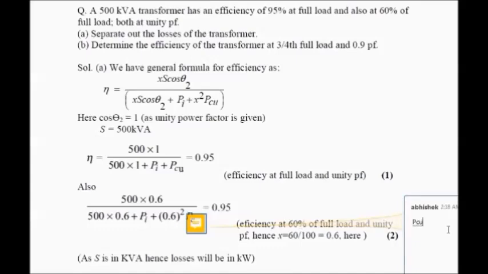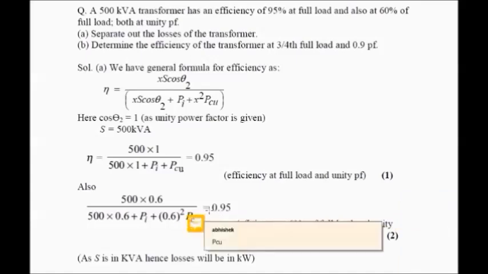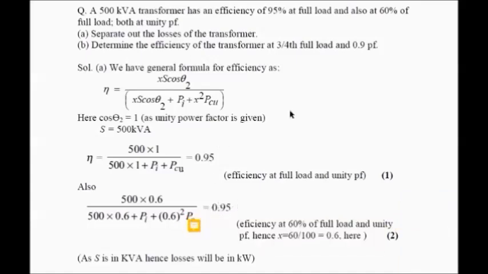PCU, and this is also 0.95. So 95% means 0.95 actually. If you multiply this quantity by 100, then it will be in percentage, but if it is not multiplied by 100, it is in fraction. So from these two equations I can calculate this Pi and this PCU.